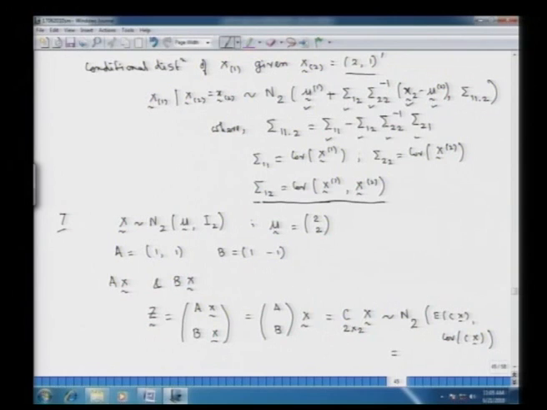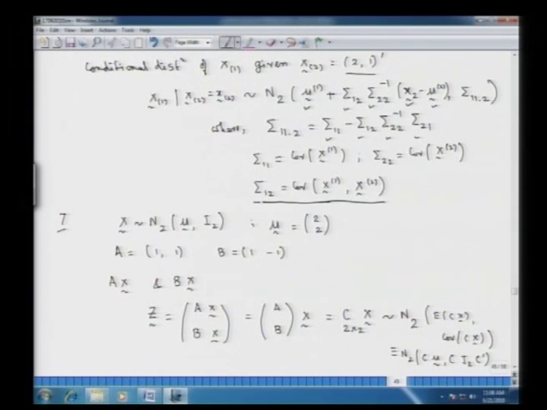What is that? So this is going to be an N2 with C times mu as its mean vector. C is that matrix and mu is this vector of 2 2, and the covariance is C sigma, where sigma is this I2 matrix, so C I2 C prime, right.